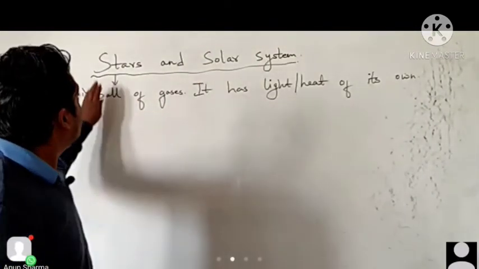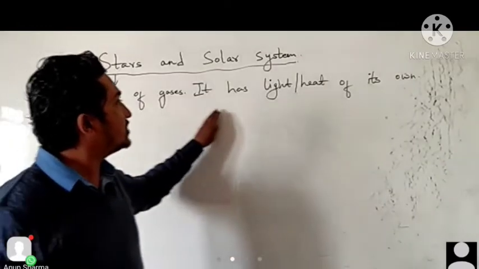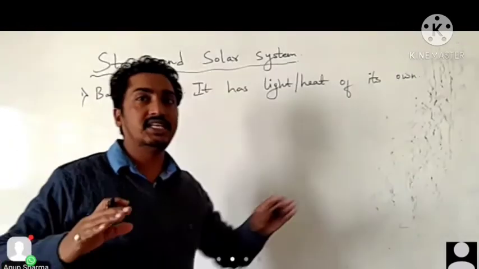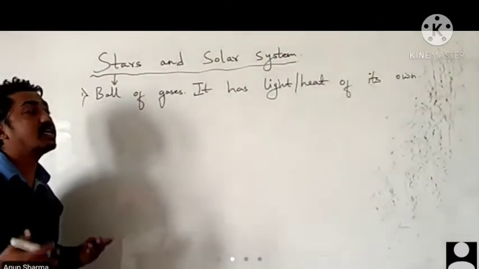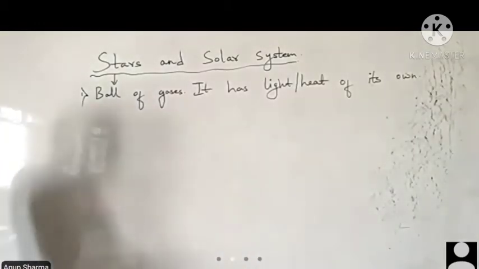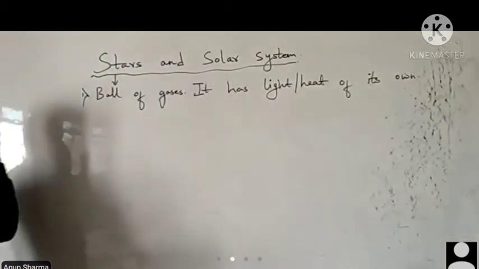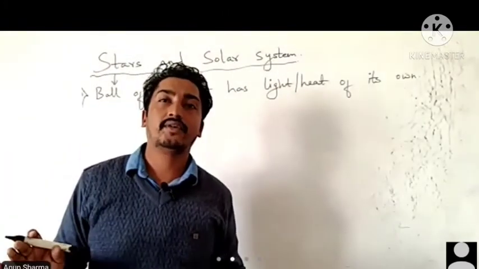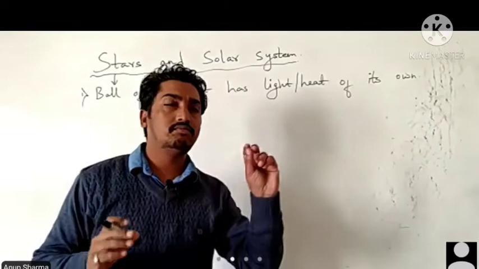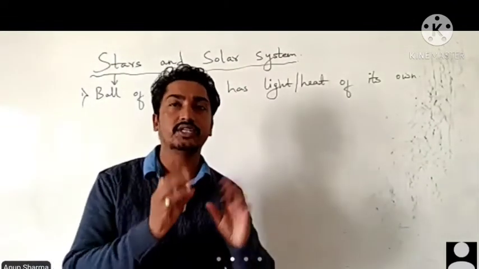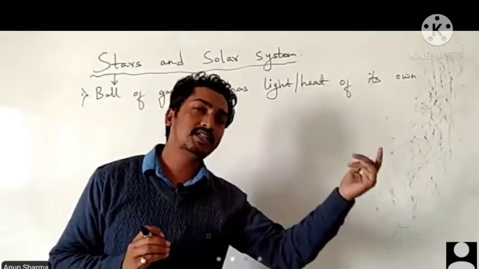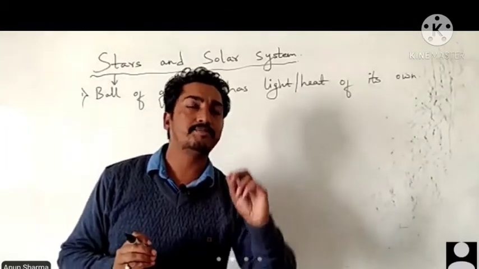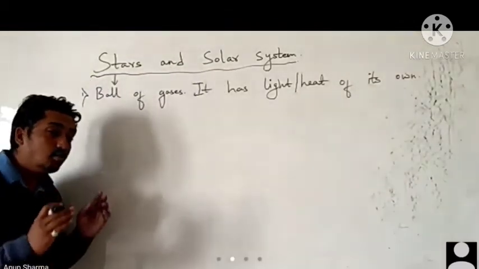That means all stars are balls of gases. They have light of their own, that means they emit light and give heat. If you look at night, you will see a number of stars in the sky. They look very tiny and twinkle. Why do they look so tiny?